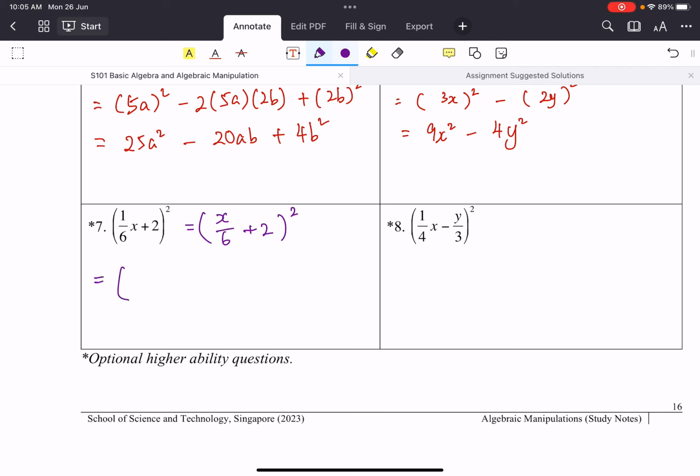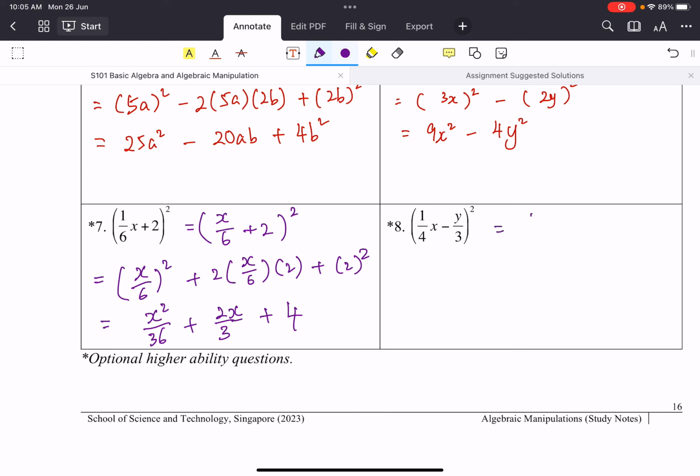So in the right structure, now it's (x over 6) squared plus 2 times (x over 6) times 2 plus 2 squared. Simplifying, we have x squared over 36 plus 2x over 3, can write it this way, plus 4. Nice, right? So fractions or not follow the same structure. Similarly, I like to write it this way first so that it's clearer. So it's (x over 4 minus y over 3) squared.